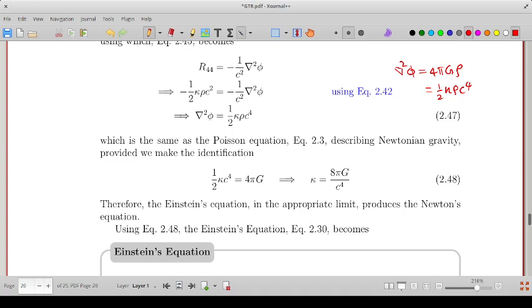Which means that 4 pi G should be equal to half k c to the power 4, or k should be equal to 8 pi G by c to the power 4. So we have fixed this constant k in Einstein's equation, so that it will reduce to Newton's equation of gravity in the Newtonian limit.